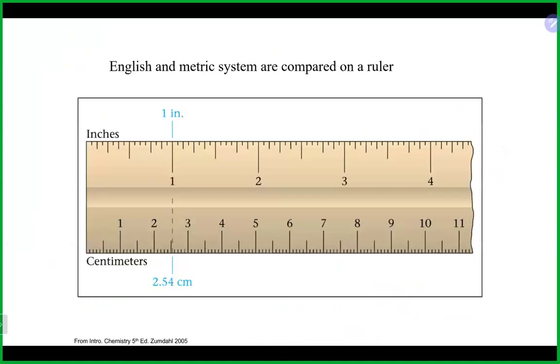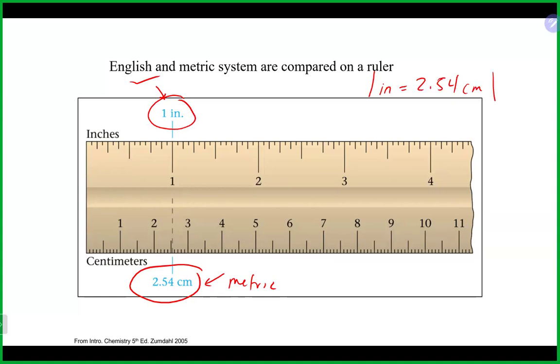That is a ruler, and on a ruler here, we have our 1 inch, which is our English unit. And if we come down, that is 2.54 centimeters, which is our metric. Definitely, this is one of those equalities that they expect you to know, that 1 inch is exactly 2.54 centimeters.